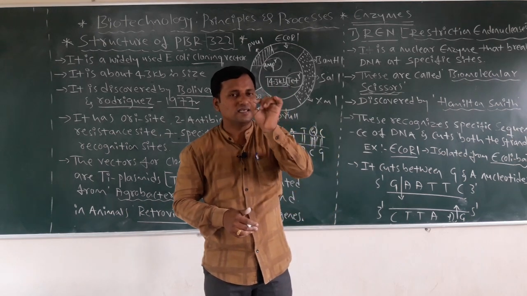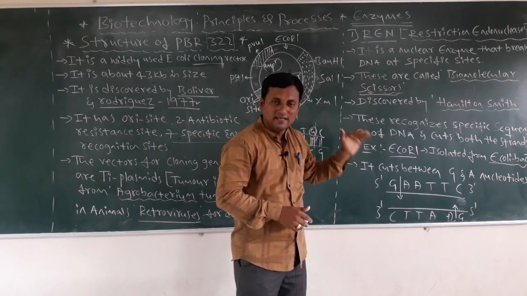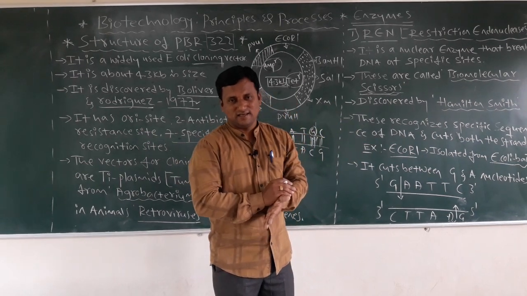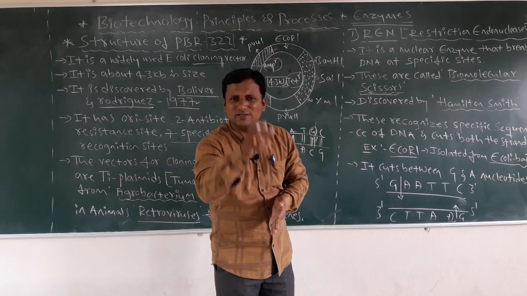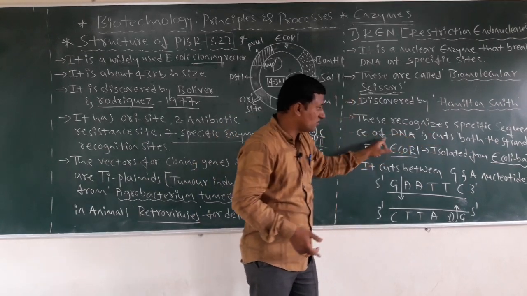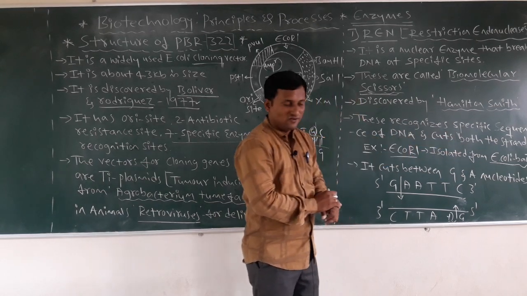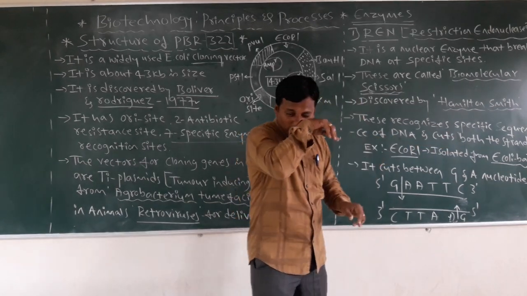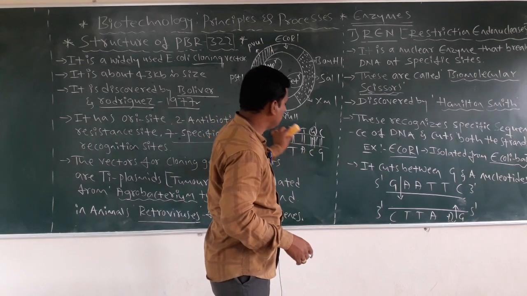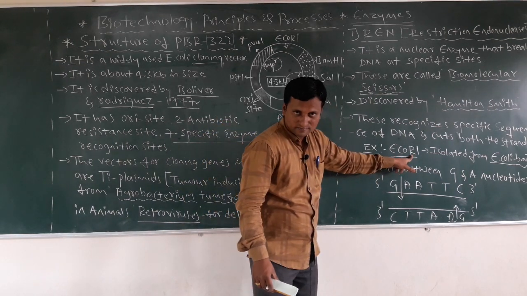Enzymes are always specific. Why? Because they have particular sites, and only at that site they cut. So these recognize a specific sequence of DNA and cut both the strands. For example, here is one enzyme. What is that? That is called EcoR1. What is this?